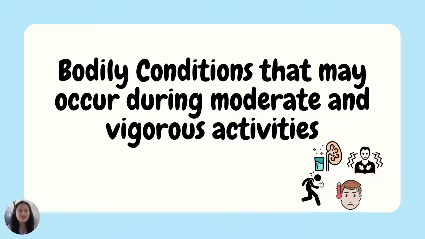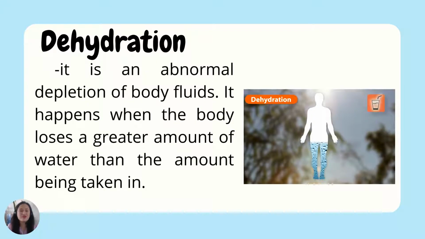At this juncture, we are now going to study bodily conditions that may occur during moderate to vigorous activity. The first one is dehydration. Dehydration is an abnormal depletion of body fluids.